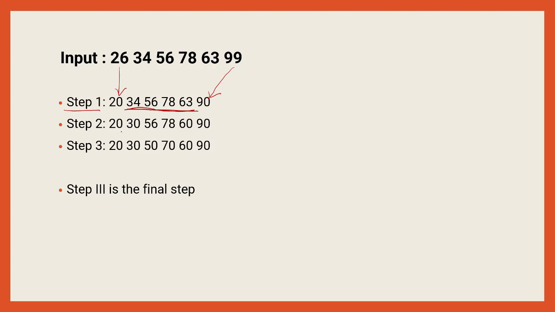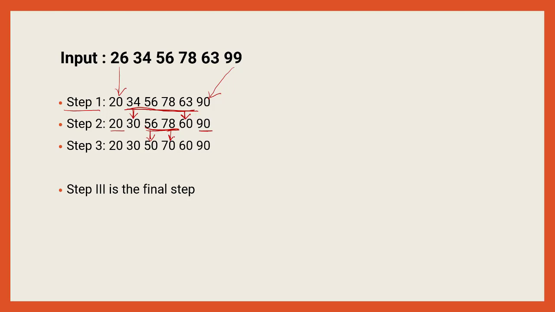In step 2, 56 and 78 have again remained the same, but in place of 34 we have 30 and in place of 63 we have 60. And eventually in step 3, 56 has been written as 50 and 78 has been written as 70. It has also been given that step 3 is the final step.